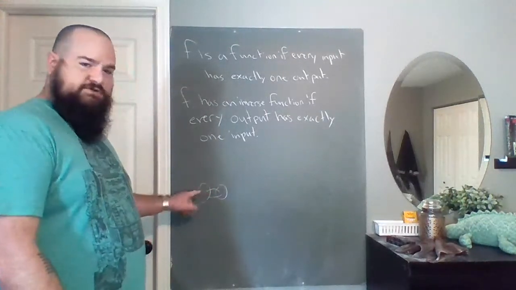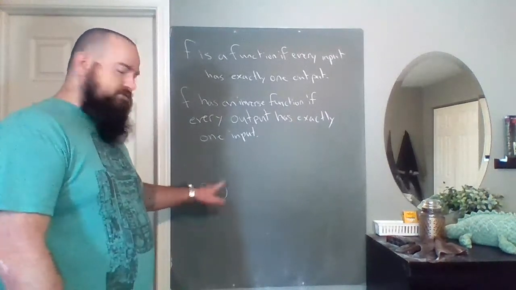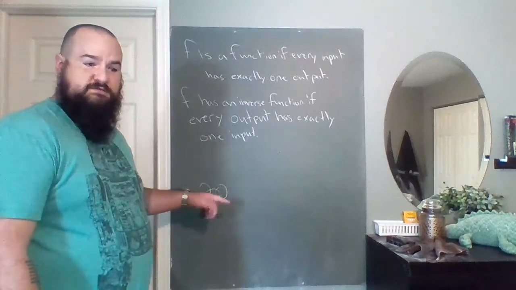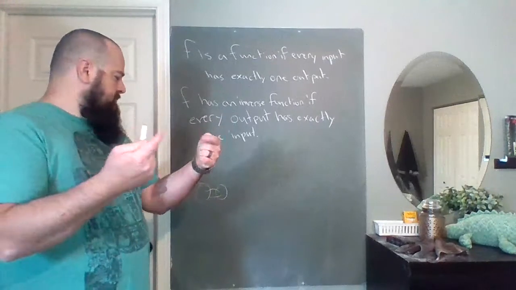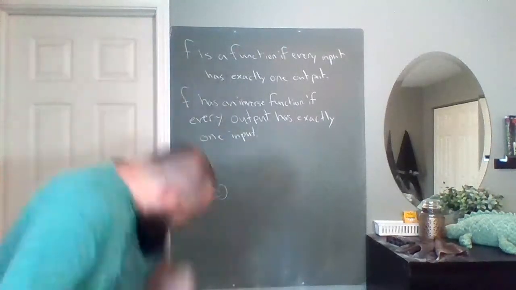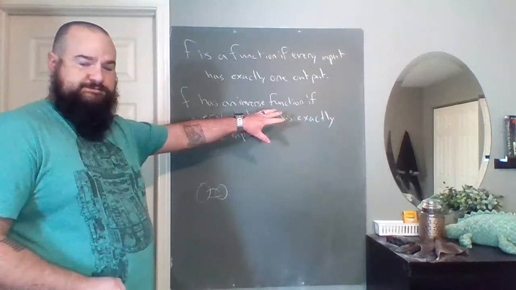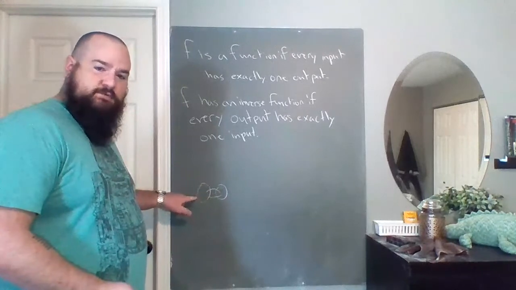Because a function is a function if it takes one thing from here to one thing here, right? Nothing here can go to two different things. Now, it was okay if two different things here went to the same thing, right? Think x squared. Negative 2 and 2 both went to 4. But for it to have an inverse function, it means that every output has to have exactly one input.